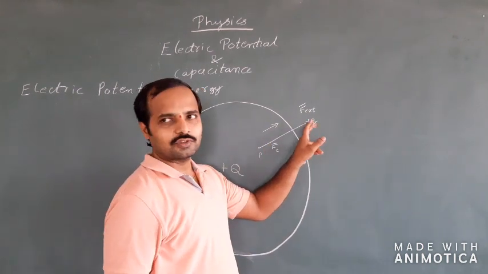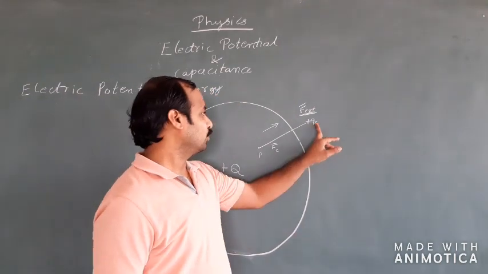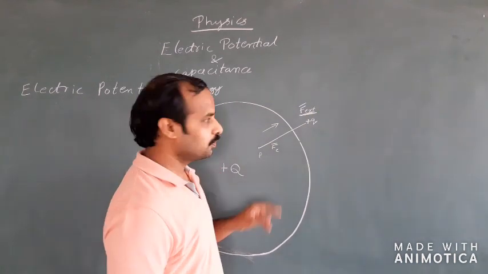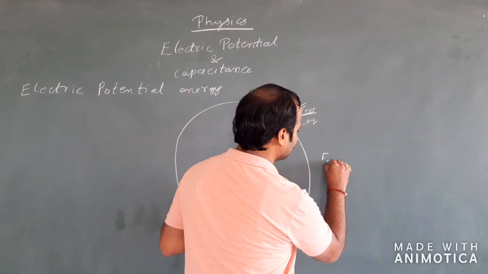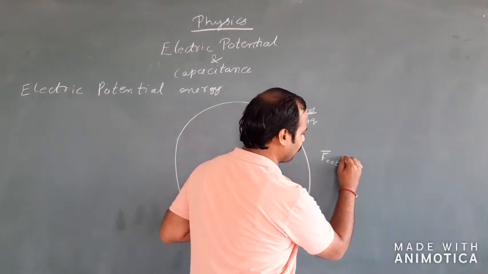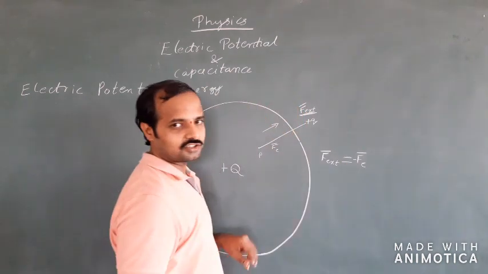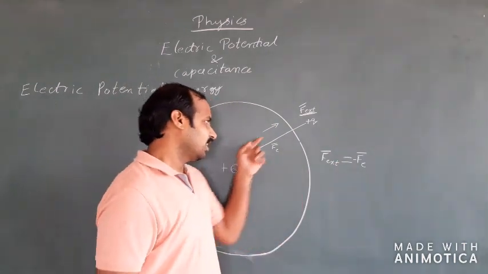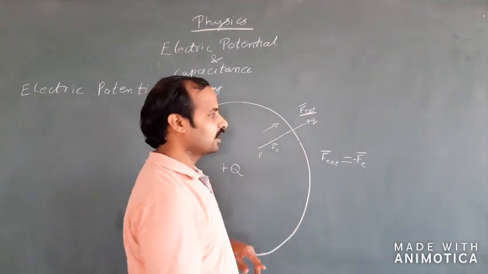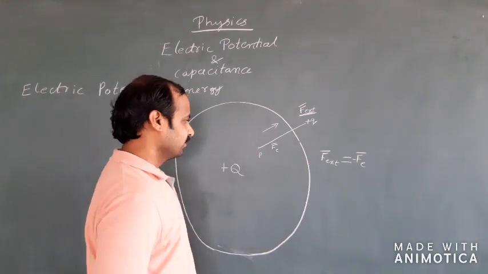This repulsive force has to be countered by the external force applied to move the test charge to point P, which means I have to apply an external force F_ext, equal to F_e but in the opposite direction. That is, F_e is in the radially outward direction and F_ext is in the radially inward direction. Magnitude-wise they are the same, but direction-wise they are opposite.